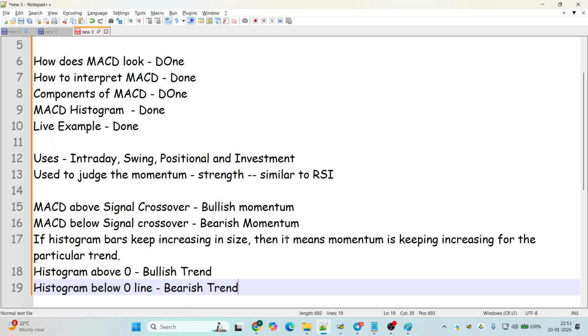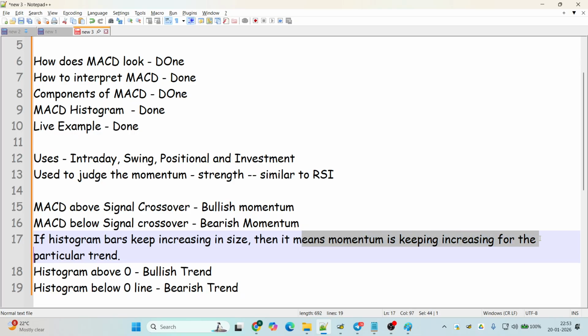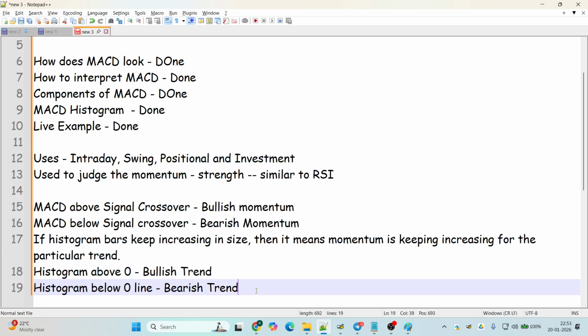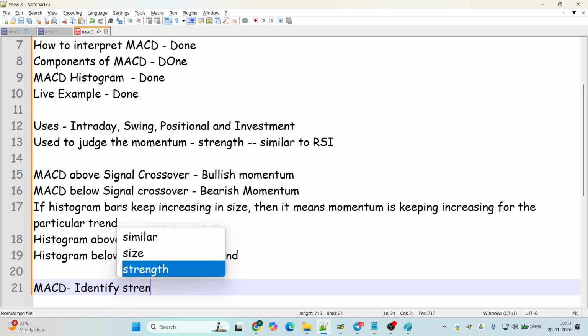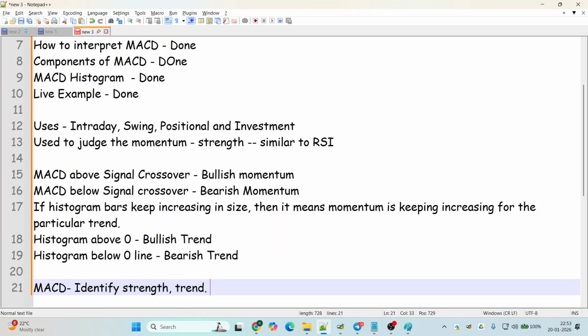Okay, so here we have seen a bullish momentum and a bearish momentum, right? And we have seen the momentum is increasing, which is the strength, and also we have seen a trend. So in short, MACD can help us identify strength, trend, and momentum, guys. So that is the use of the MACD indicator.